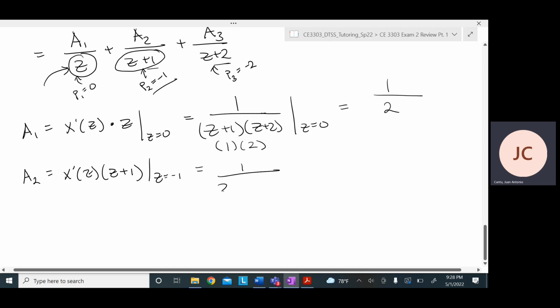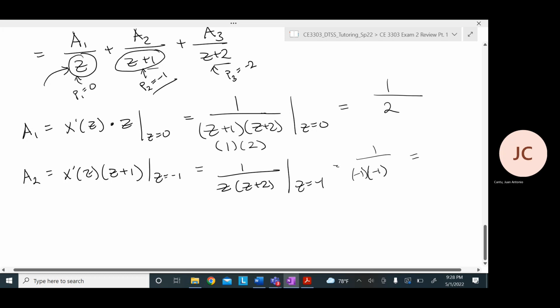That gets us 1 over z times z plus 2, evaluated at z is equal to -1. And we get 1 over -1 times -1 plus 2. I'm sorry, -1 plus 2 is +1. So we get 1 over -1, which will just get us -1.